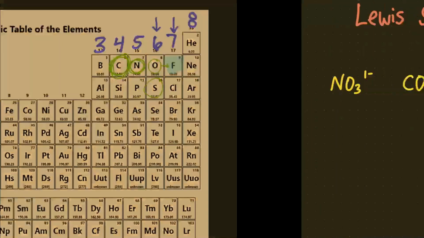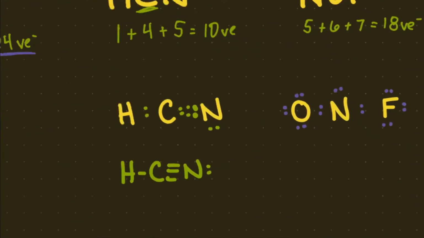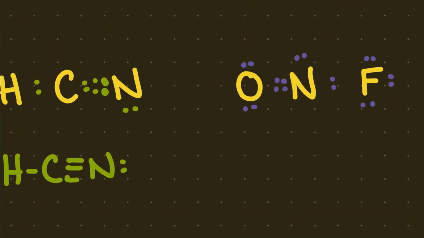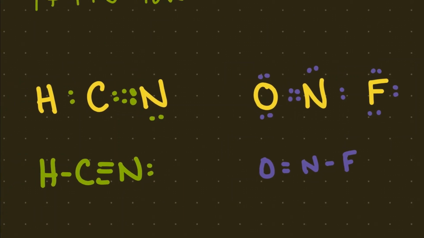So that's why it is going to make the double bond with nitrogen rather than fluorine doing it. So that would be the answer here. O double bond to N, single bond to F. And let's put in our lone pairs here. Cool. And that's how we get all of our octets there.